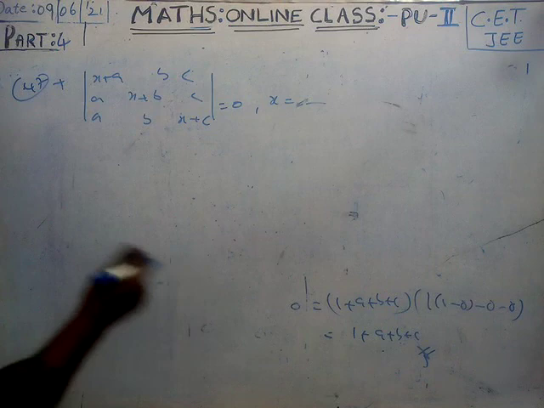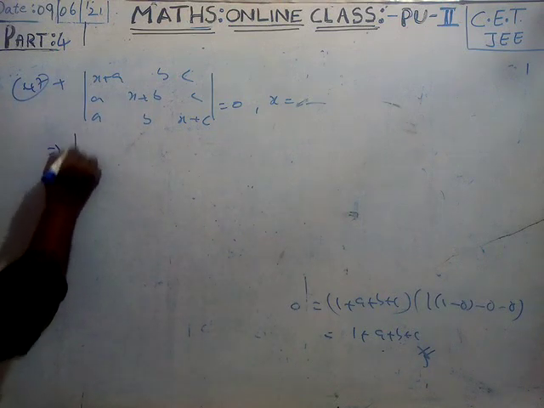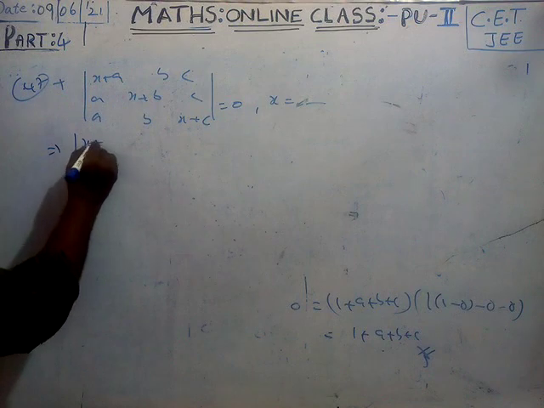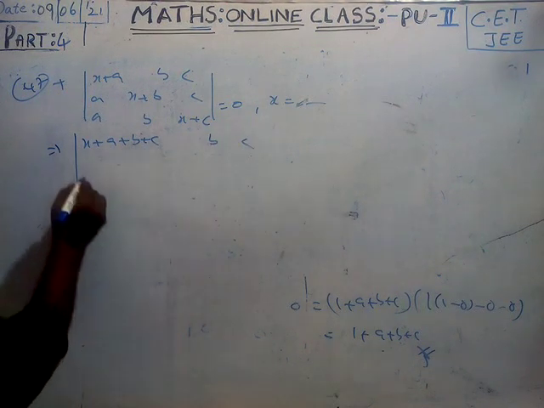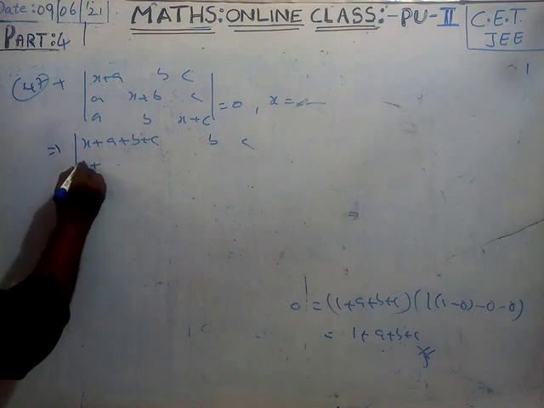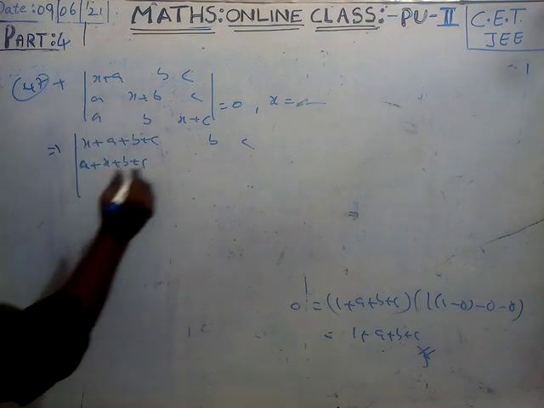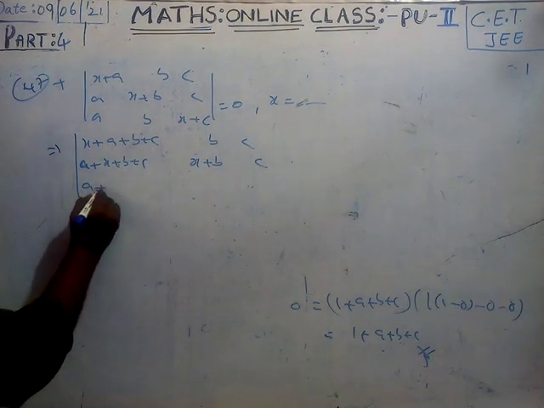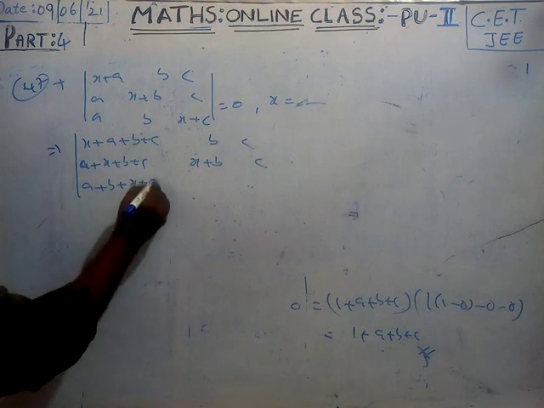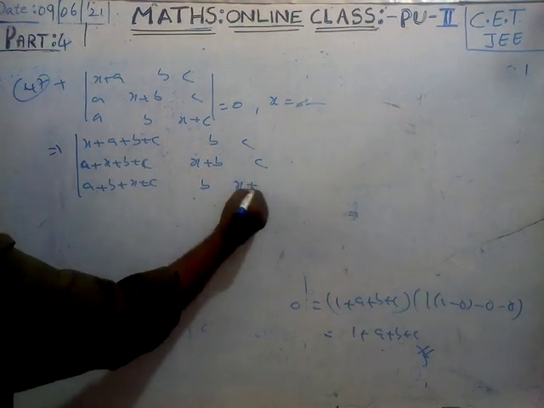Here also the same procedure as the previous problem. By adding, you see, x plus a plus b plus c, here b, c. Here also a, x plus b plus c. Okay? Here a plus b plus x plus c. Here it is b, x plus c.